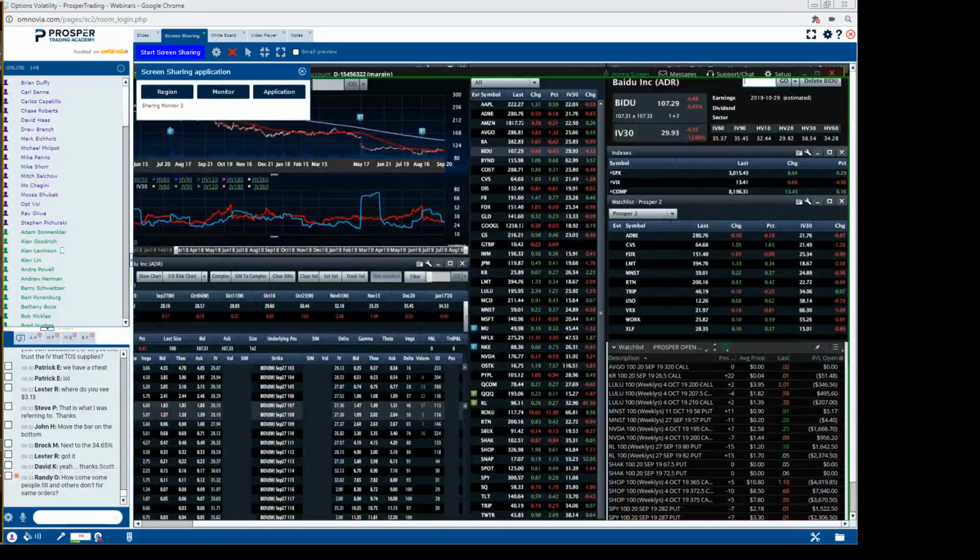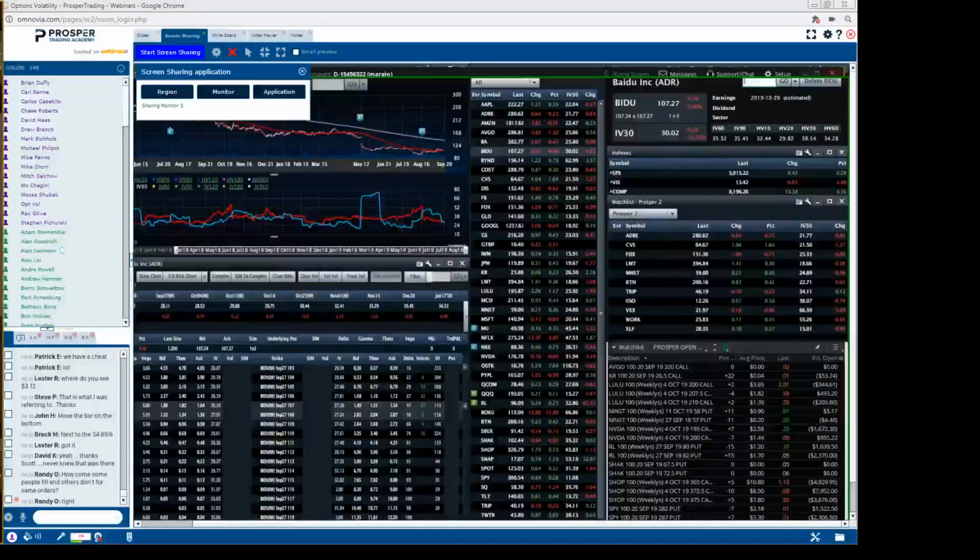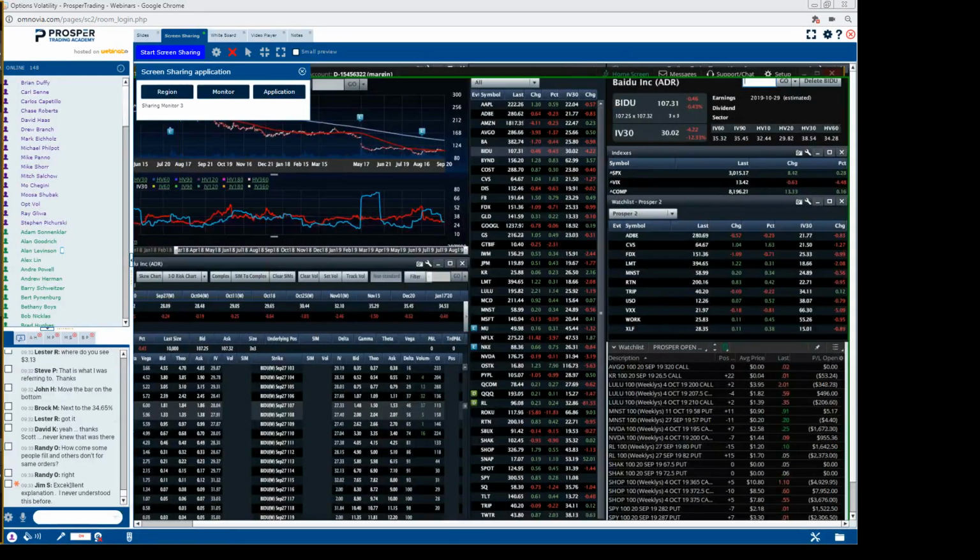Well, Randy, this is a supply and demand marketplace, right? Trading is all about supply and demand. So if there is a bunch of demand, and we are the demanders, we want to get filled, but the supply isn't there. It's partially there. Then some will get filled, some don't.